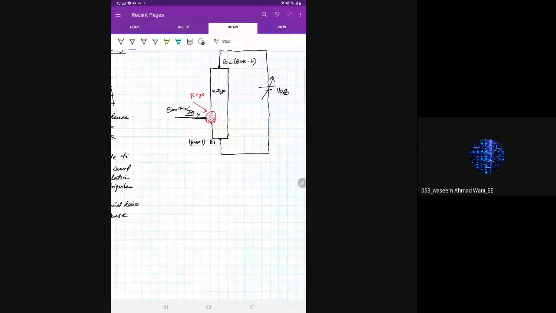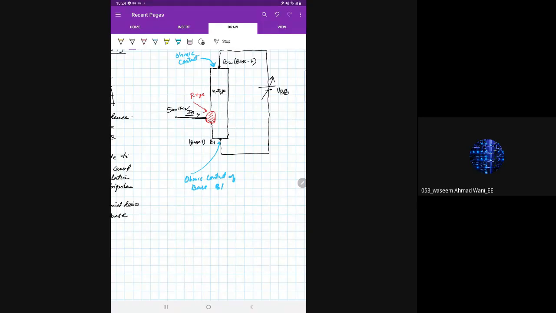And this is an ohmic contact, the ohmic contact of base B2. Similarly, we also have the ohmic contact of base B1 here.